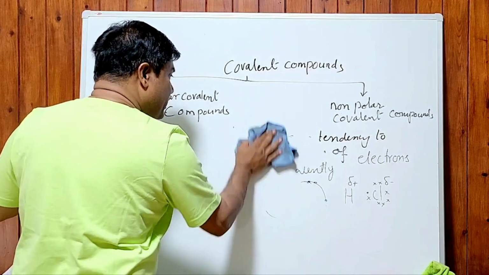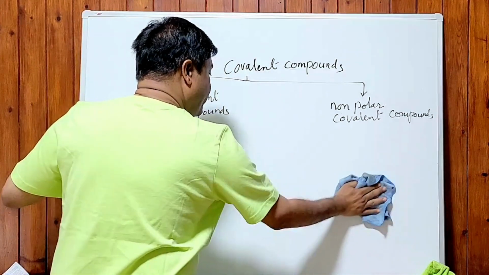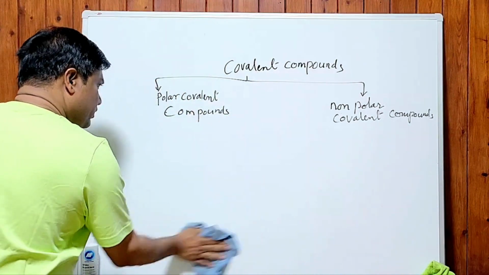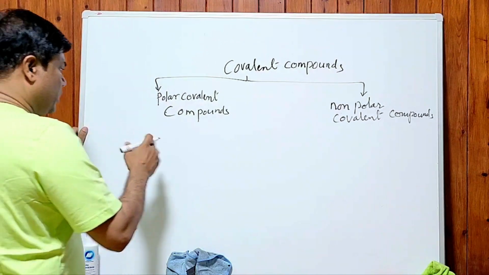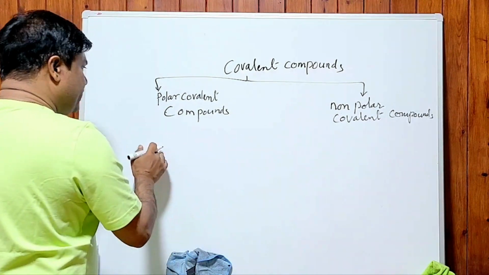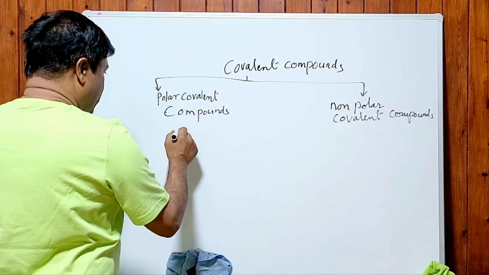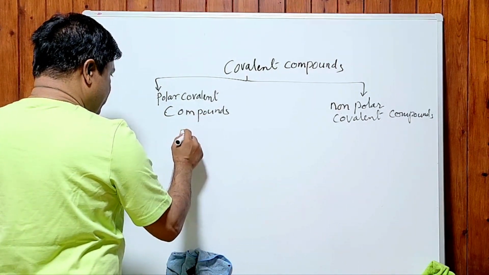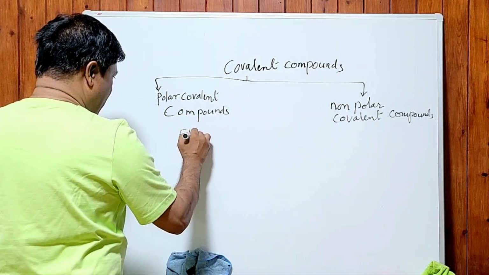The presence of electronegativity makes the molecule polar. Now, electronegativity increases across the period and decreases down the group. I'm writing En, which is a short form of electronegativity.